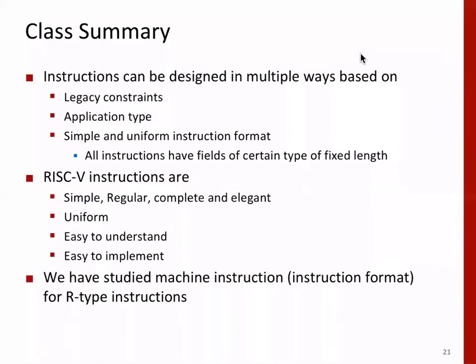Customers have paid money, and when companies sell the software, they never tell you that it will run only for a certain number of years. In between, hardware technology changes. In order to exploit hardware advancements, new instructions are added, but old ones have to run. Hence backward compatibility is required.